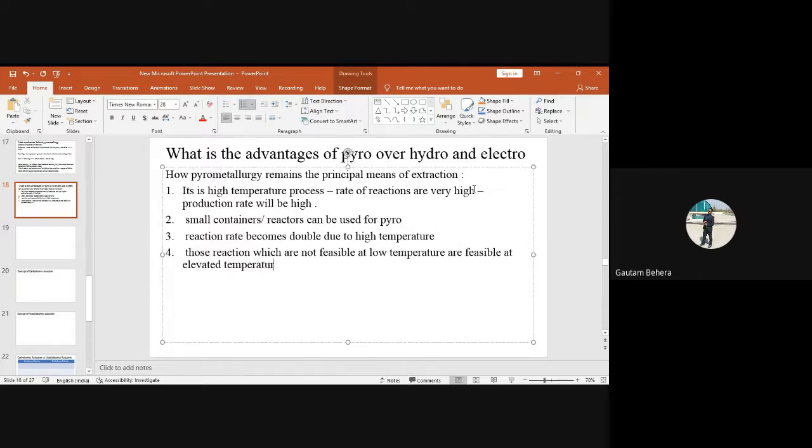That means, in other way, I can say high temperature shifts the equilibrium in forward direction. So equilibrium will shift in forward direction, means reactant will react to give product. That means we can get metal out of the reactants of the ore, flux, and right.